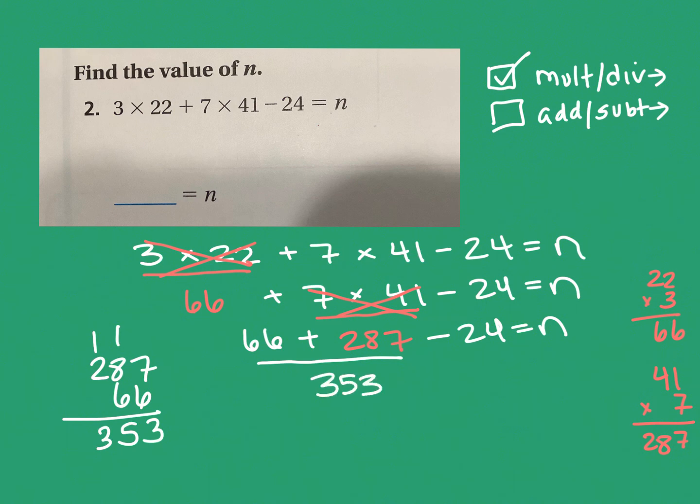I'm going to point something out here. Notice when I had 7 times 41, I flipped it to 41 times 7 because it worked in our algorithm just fine. I was allowed to do that because multiplication is commutative. It can go in any order. 3 times 22, I flipped it to 22 times 3 to fit into our algorithm a little bit better because multiplication is commutative. Over here I did 66 plus 287. I like my numbers with more digits on top compared to on bottom. I'm allowed to do that because addition is commutative.